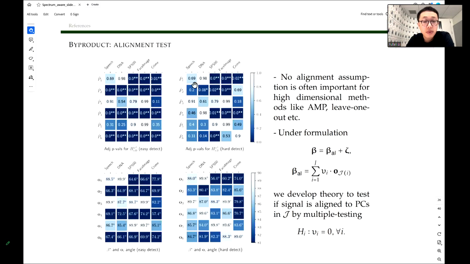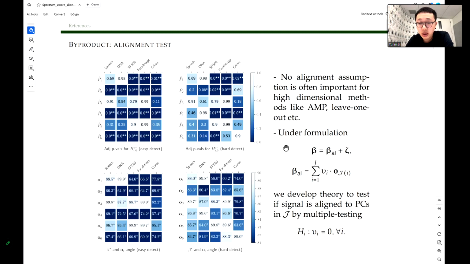And as a byproduct of our method, we can also have what we call an alignment test. If you are familiar with high-dimensional methods like approximate message passing, leave-one-out, things like that, an important assumption is that the signal cannot depend on the design matrix. It cannot have strong alignment, but there is typically no way to test this because the signal is unknown.